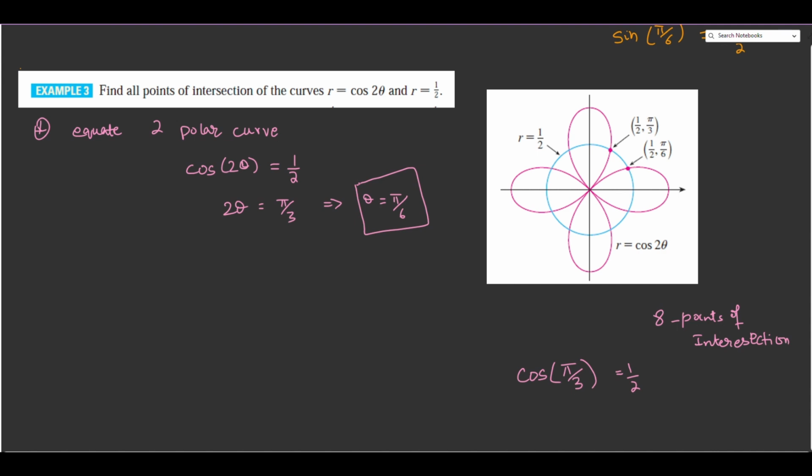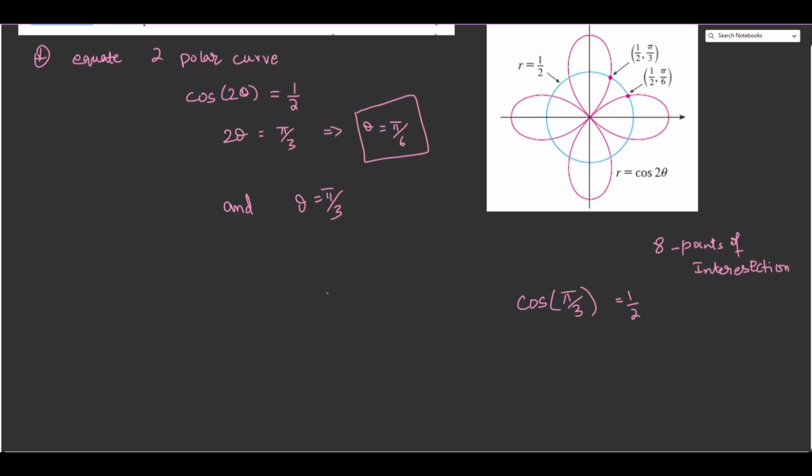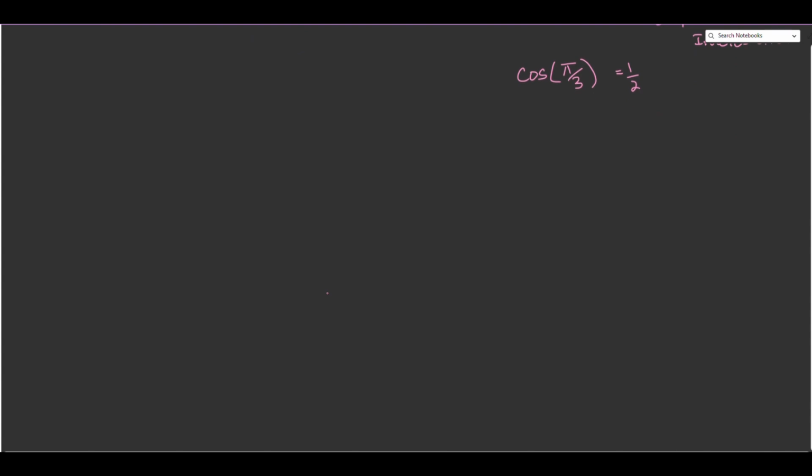The second angle will be theta equals pi by 3. So these are the two angles in the first quadrant.